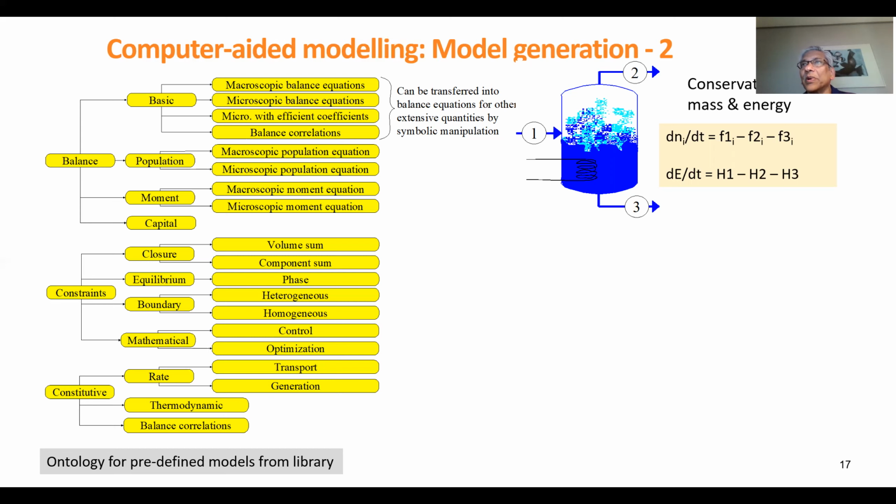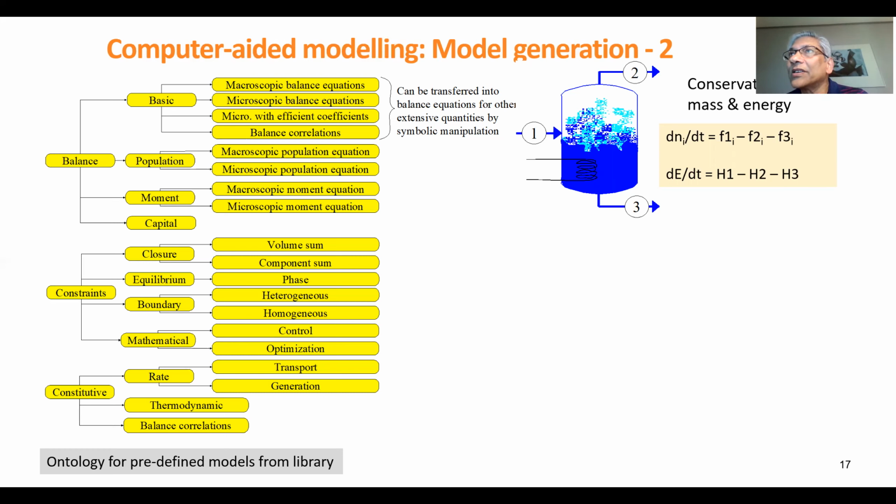And it's simple. On the left-hand side, unless it is at steady state, it will be given in terms of accumulation, and then input is plus, output is minus. So energy coming in, energy going out, mass coming in, mass going out.